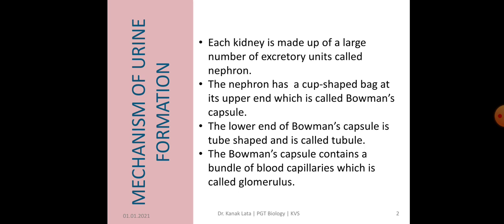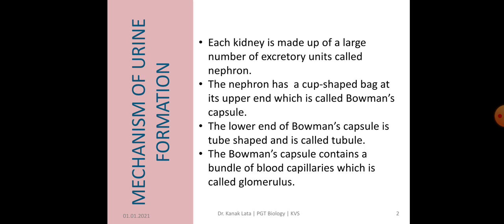Urine formation occurs in the kidneys. It involves three processes. They are glomerular filtration, tubular reabsorption and tubular secretion. As we know, nephron is the structural and functional unit of kidney.